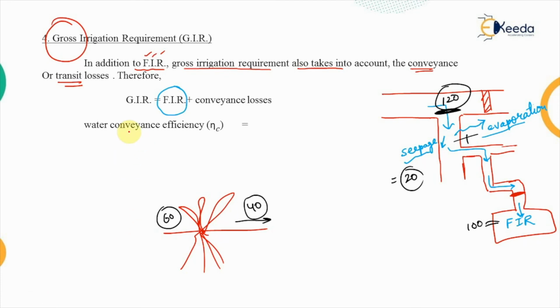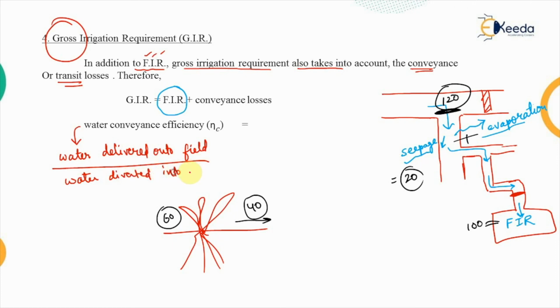Now if we look at the water conveyance efficiency, this gives us the ratio of the water which is delivered onto the field divided by the water which was diverted into the canal, and the first canal is known as the main canal.